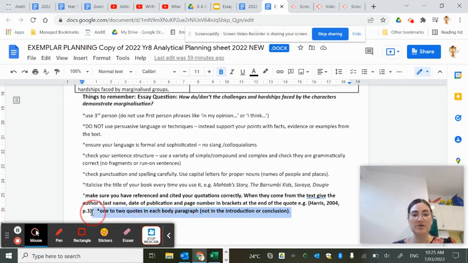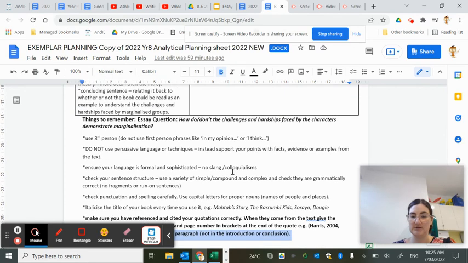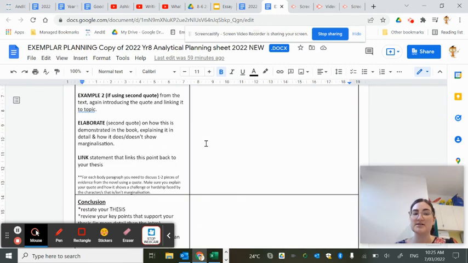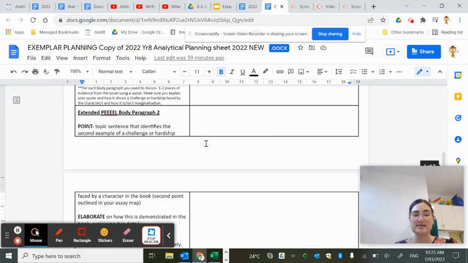Now, 1 to 2 quotes in each body paragraph, not in the conclusion or in the introduction. It's really important that you stick to that. If you have 3 quotes, I would expect that they are only very short one sentence quotes. So for example, stranger in a strange land, this is not my place. That is enough, okay? That is a small quote, and I would expect that you'd be elaborating and discussing how that demonstrates marginalisation.